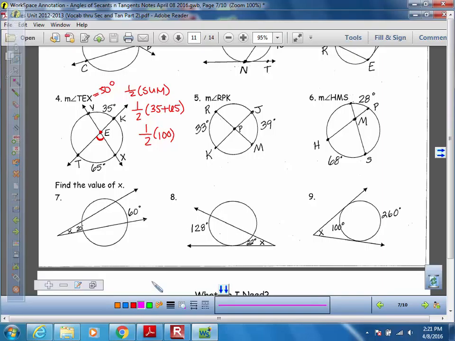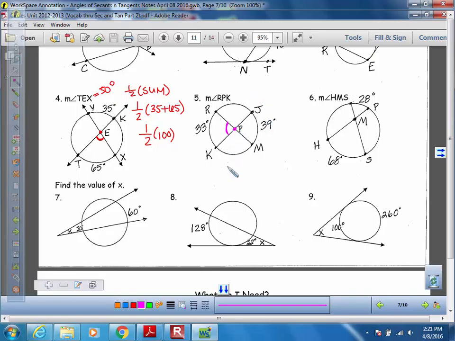Okay. Now in number 5, we're looking for angle measure RPK. So this piece here, where is its vertex located? Inside, on, or outside? Inside. Okay, so we're using the same formula.